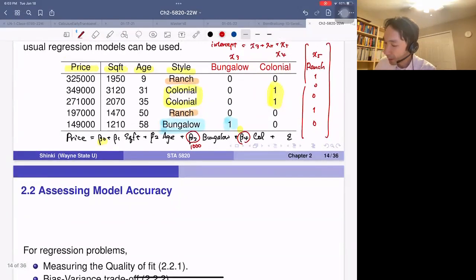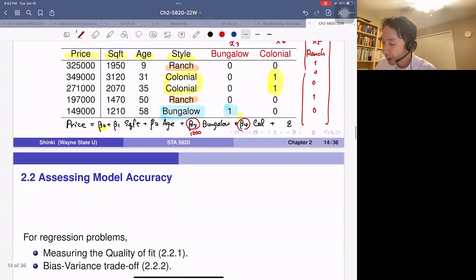And which one should be the baseline? It really depends on the problem, but if you don't have any idea, maybe you can make the largest group the baseline. Often the students do analysis of some demographic data and the races, like white, African American, Asian, and Hispanic. I suppose Hispanic is not a race in some sense, but the Hispanic and the others.